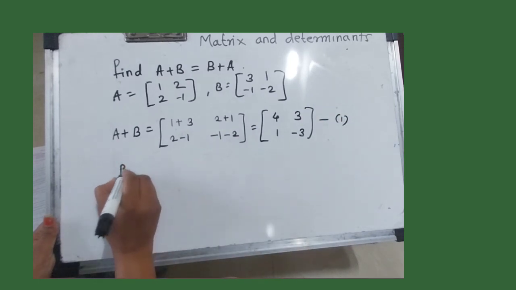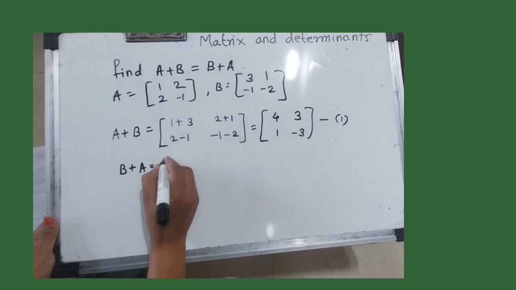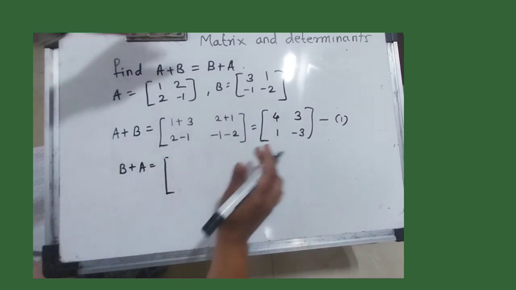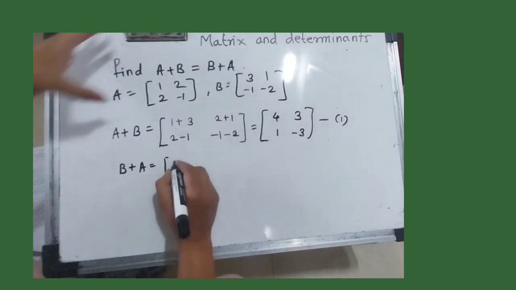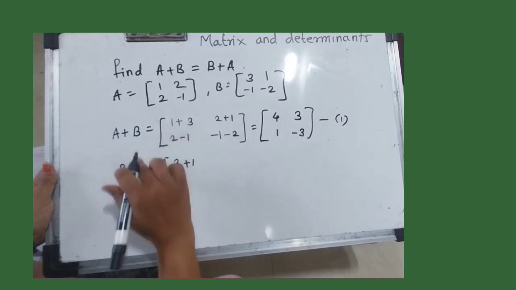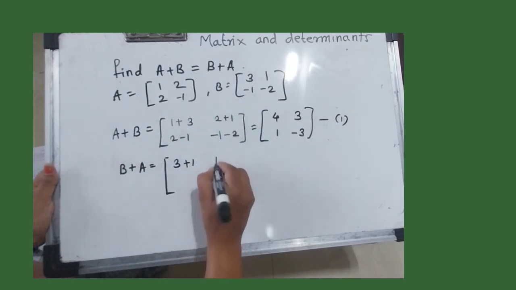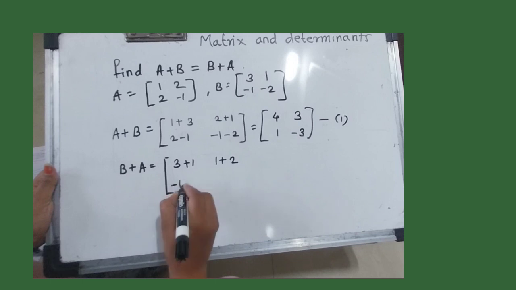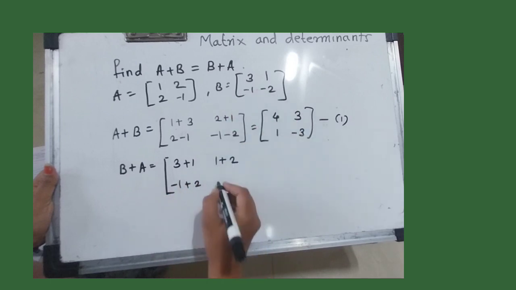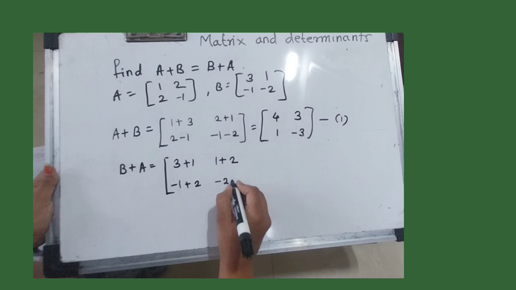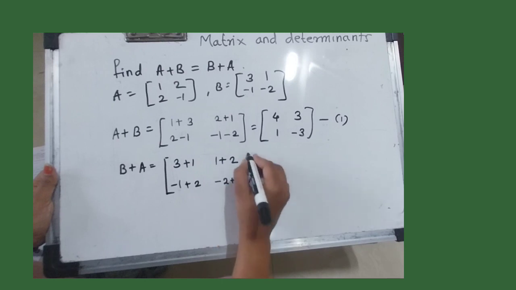On the other hand, B plus A. So what is B plus A? First write down the B elements: 3 plus 1, 1 plus 2, minus 1 plus 2, and minus 2 plus minus 1.